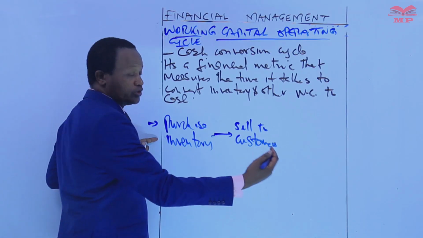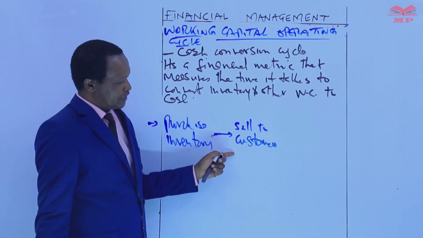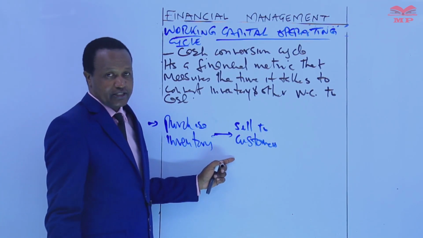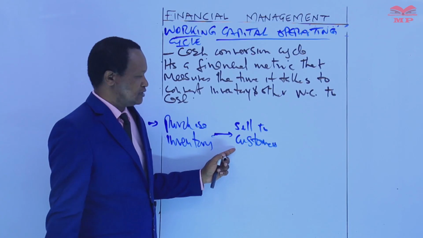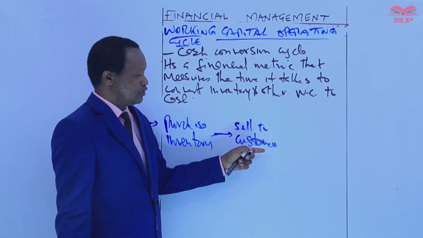You sell, you are not given cash. It is that time that elapses between when you sell and when the customers pay. It may be 30 days, maybe 2 months, maybe 90 days. It depends on the time that you are giving your customers to pay.